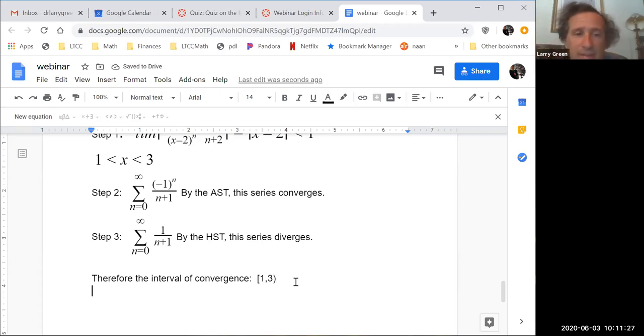Any questions on this example? Okay, so the nice thing is we're going to be reviewing the last chapter a lot when we're finding out what the interval of convergence is. All right, so let me give you the next example, which is different.